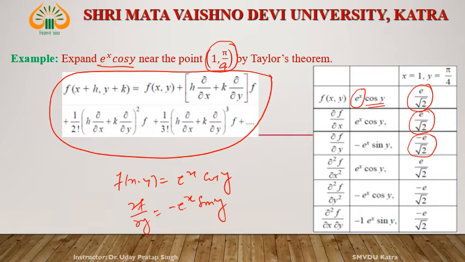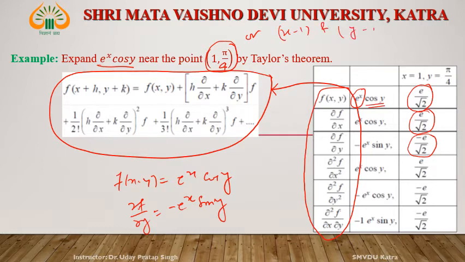Similarly, dou 2f by dou x2, dou 2f by dou y2, dou 2f by dou x dou y. From the table, putting all these values in this equation, right? Then we got the Taylor series expansion of the function e to the power x cos y at the point 1, pi by 4. Either you can say at the point this, or you can say in the powers of x minus 1 and y minus pi by 4. Both are same.